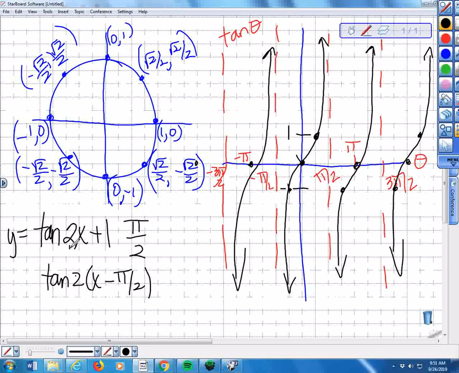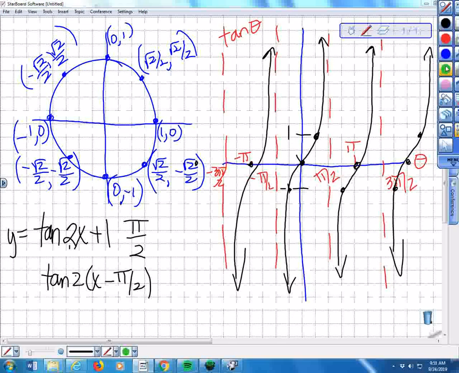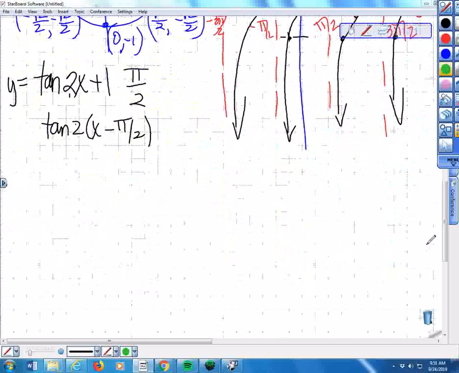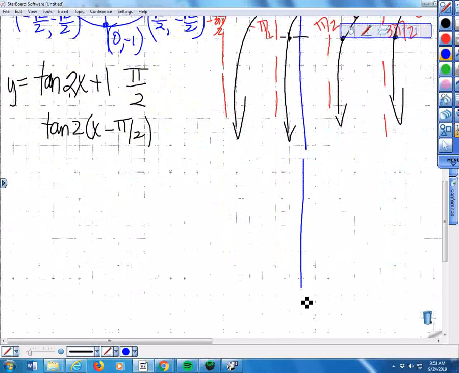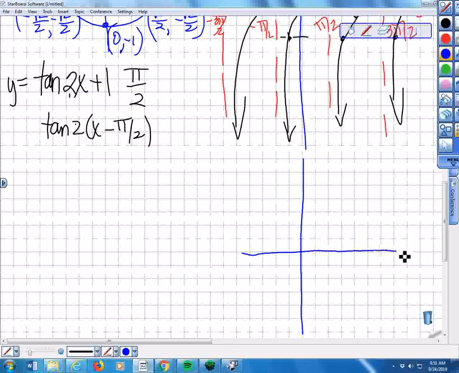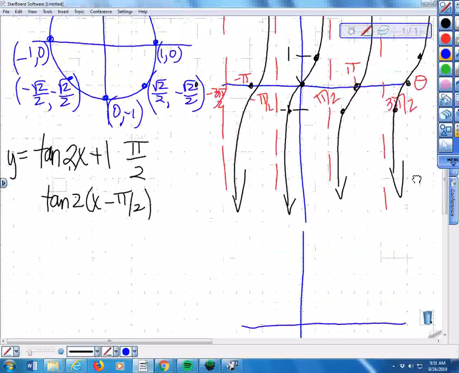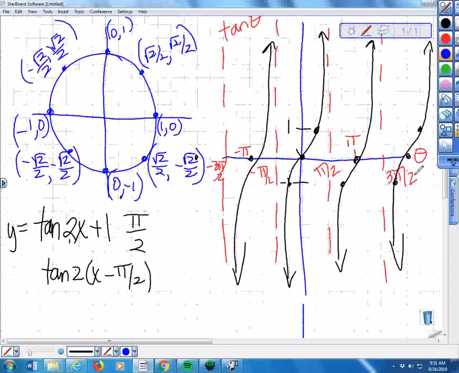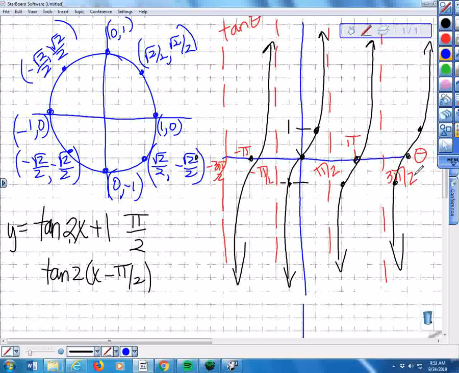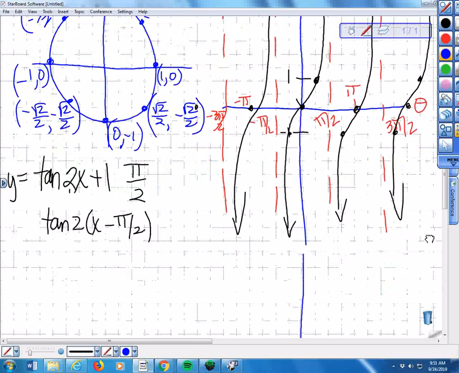Okay. Now cotangent, I'm going to do it right below. Where will it be undefined? Where sine equals 0. Where sine is 0, so that's going to be 0, pi, 2 pi, 3 pi.